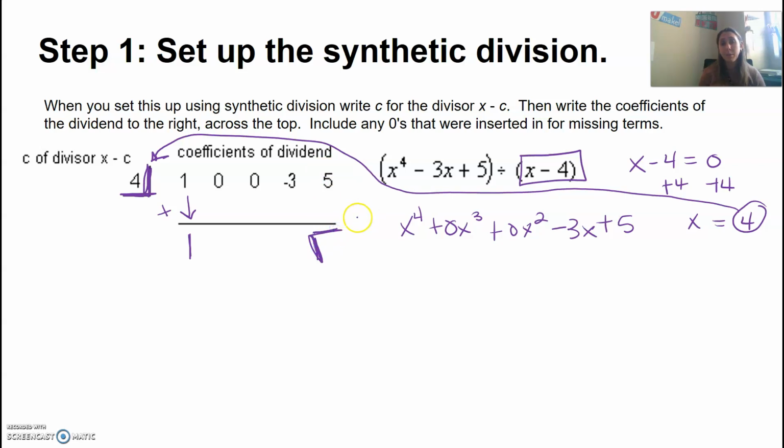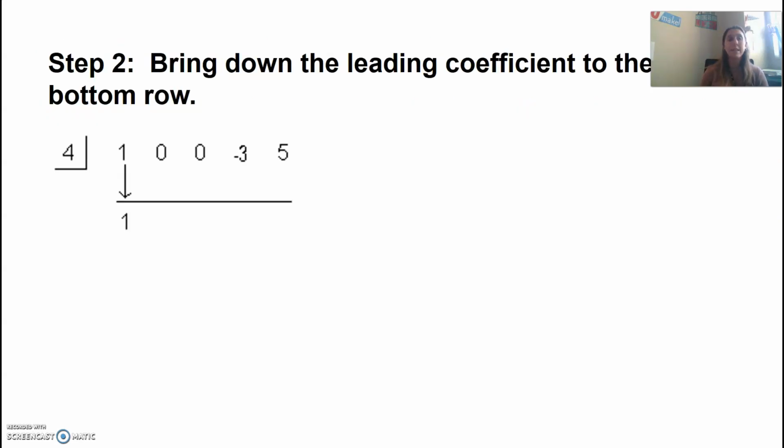This is going to be our remainder box. If we have a remainder, it'll go right there. So we bring down the 1. The leading coefficient is 1 in this instance.